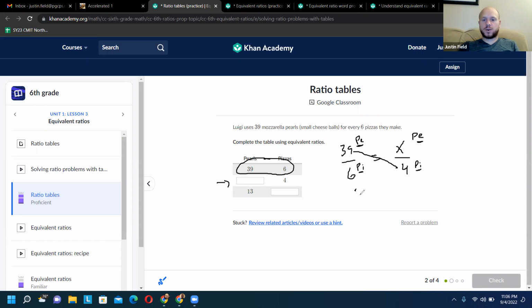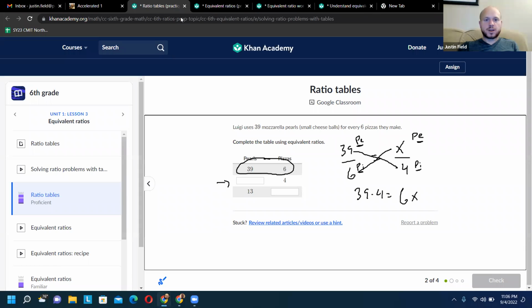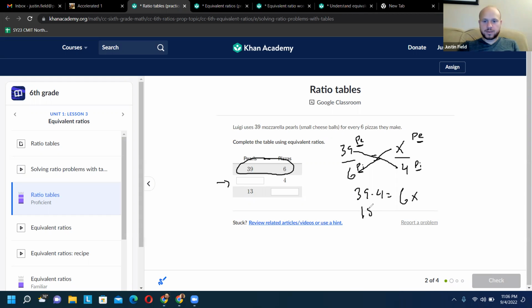Now we're going to use that strategy. 39 times the 4 is equal to 6 times x. And it's time the variable ends up on the other side, but that's okay. So what is 39 times 4? It's 156. 156 equals 6x.